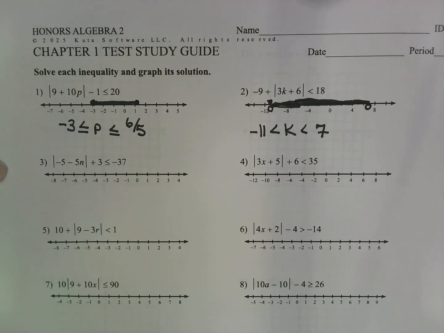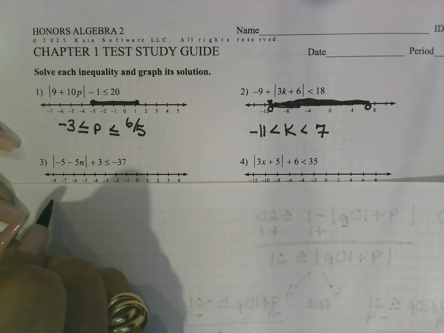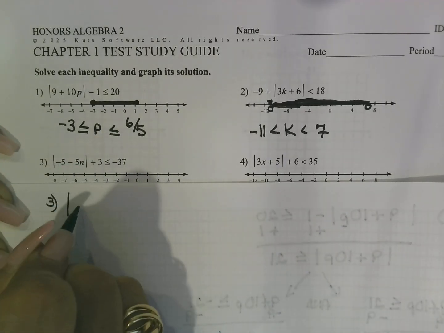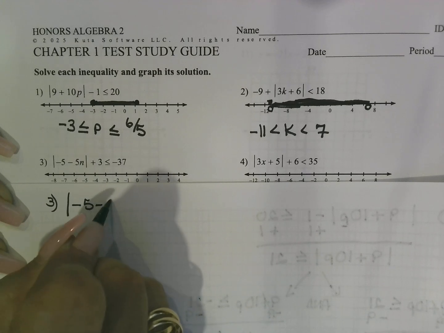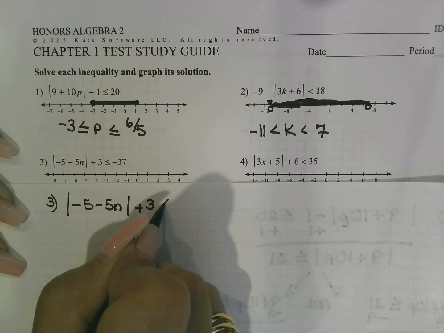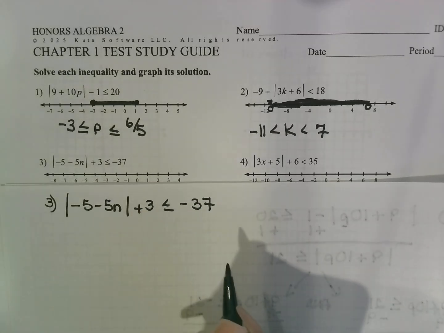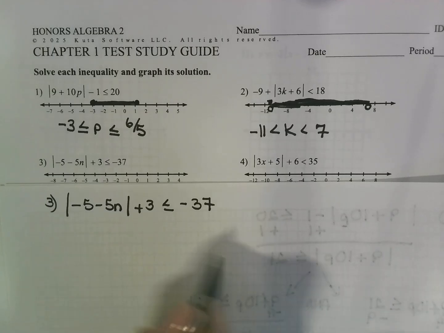Okay, number 3, I'm going to go ahead and write that one down. For number 3, we have the absolute value of negative 5 minus 5n, plus 3, less than or equal to negative 37. Okay, so once again, we're going to solve for a variable.